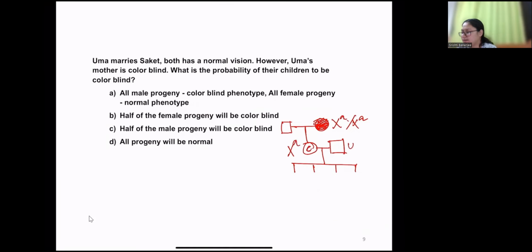Saket is an unaffected male. We need to find how many children will be affected. Before that, let's discuss what actually happens in the colorblind scenario.